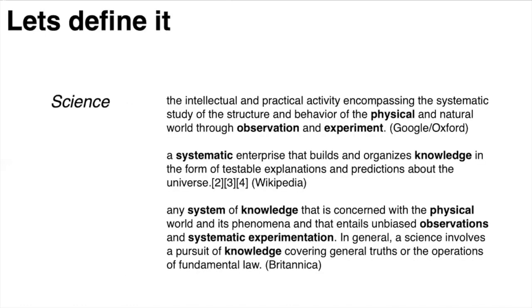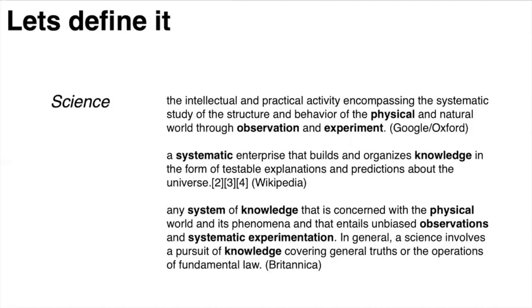So let's consider some actual definitions. If you go to Google, which draws from the Oxford Dictionary, science is defined as the intellectual and practical activity encompassing the systematic study of the structure and behavior of the physical and natural world through observation and experiment. Then, if you want another definition, you go to Wikipedia to find something similar. Science is a systematic enterprise that builds and organizes knowledge into the forms of testable explanations and predictions about our universe.